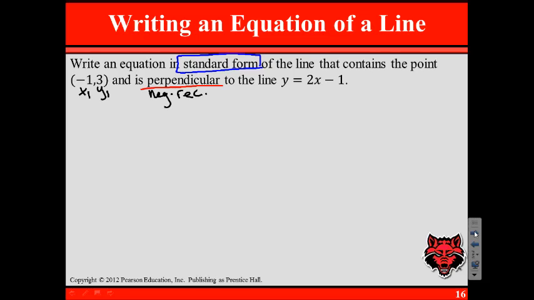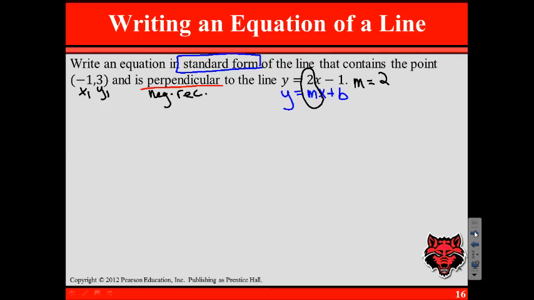The negative reciprocal. So first we look at the equation that is given. We want to compare it to the slope-intercept form, y equals mx plus b. Because if our equation is in slope-intercept form, we can find the original slope very quickly. It is in slope-intercept form, so that original slope, m, equals 2.